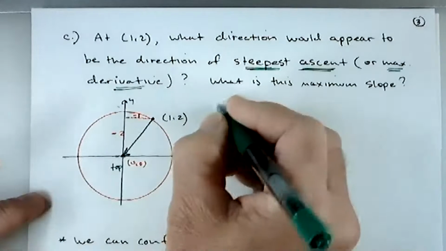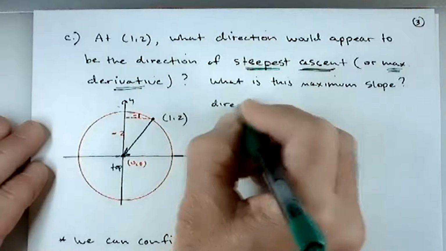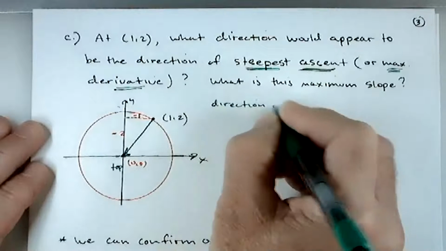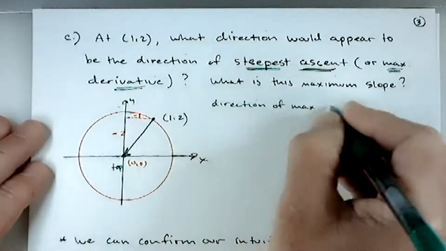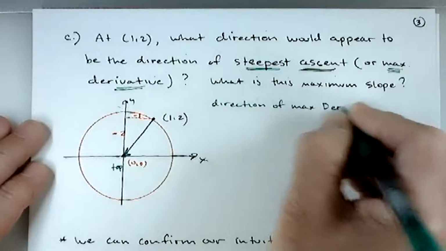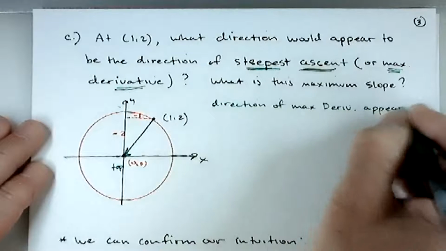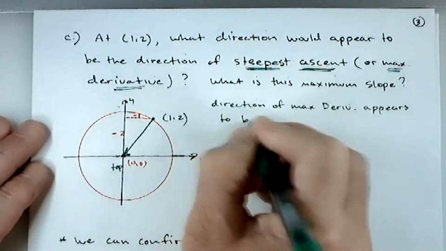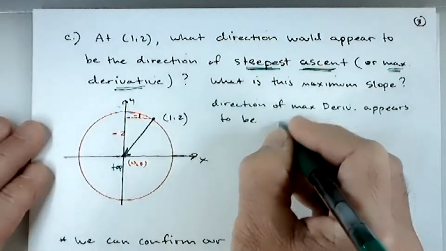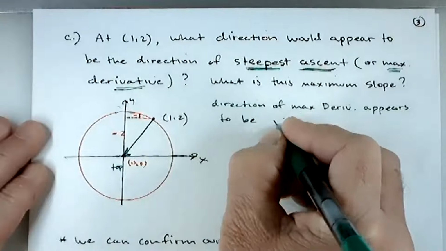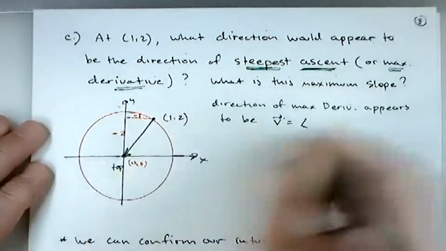So the direction of max derivative appears to be in the direction of, let me call this V, (-1, -2).